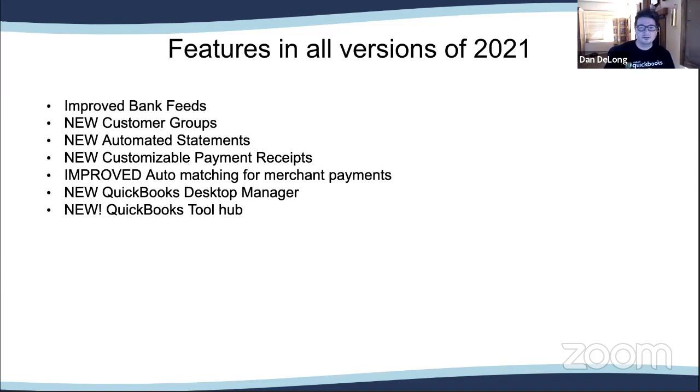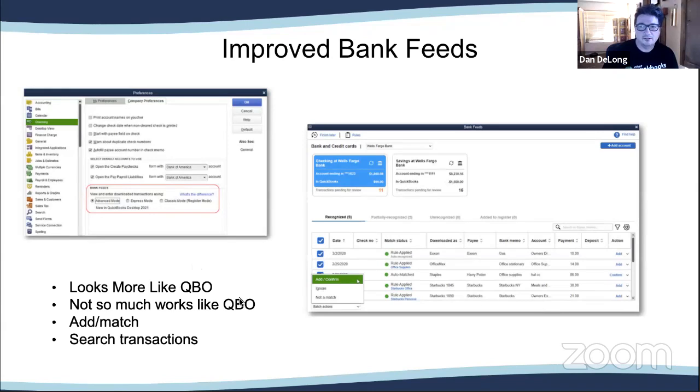Finally. Some of these are the "what took you so long" features. Yay. And then the auto matching for merchant payments. And there are some tools available, coinciding with the launch of 2021, that we'll talk about as well. So yes, improved bank feeds.